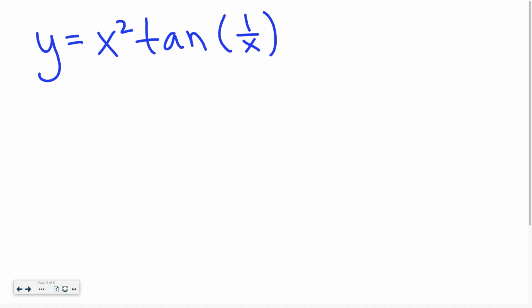You're trying to do the chain rule for everything? In the product, we're going to have to do the tangent. Okay, if you haven't noticed already, this is a product: x squared times tangent of 1 over x.